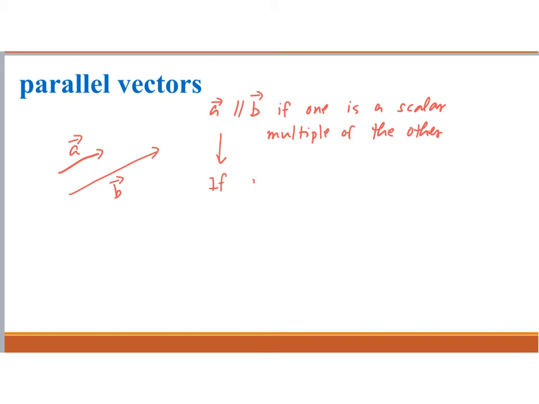If A is parallel to B, then there exists a scalar k such that A is equal to kB. That's how we write A is a scalar multiple of B, and the scalar is k, or B is equal to kA.